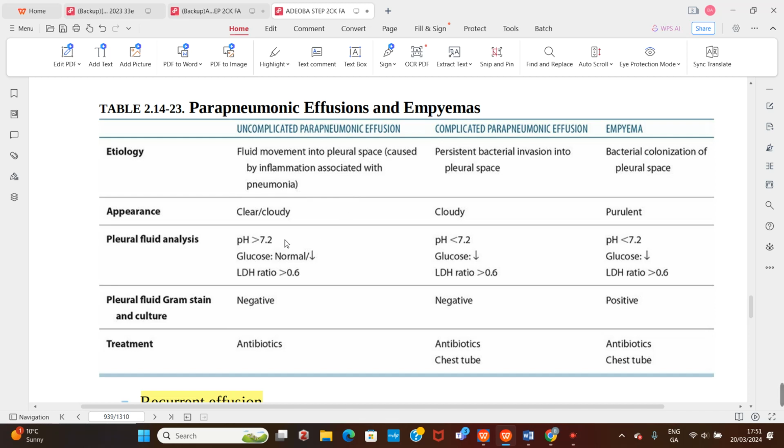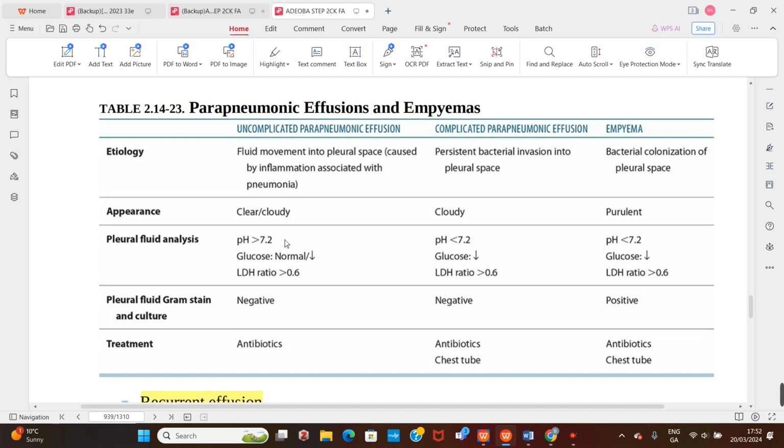But it is not going to be less than 7.2, because I said that if bacteria are there, they are going to metabolize the glucose and generate more acidic products. But because here you don't have bacteria at all, there's nothing to further bring down the pH. So it's going to still be more than 7.2, but it will not be more than 7.4, because less than 7.4 defines it as exudative.